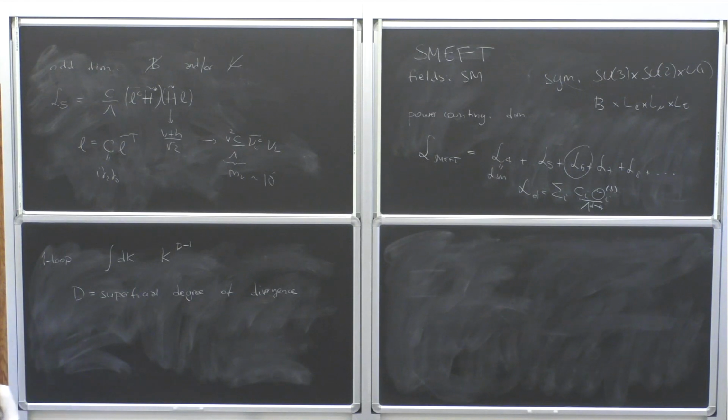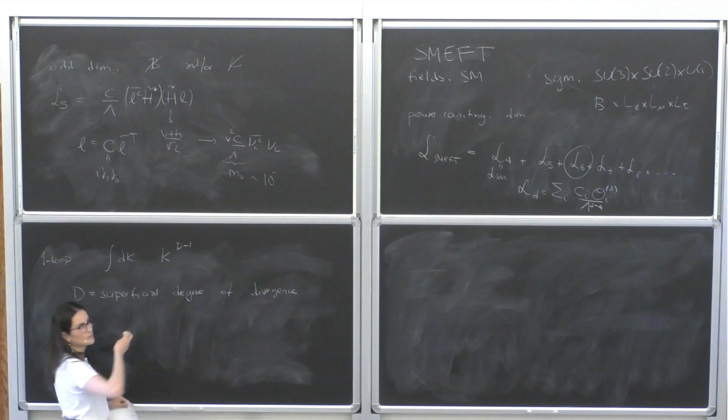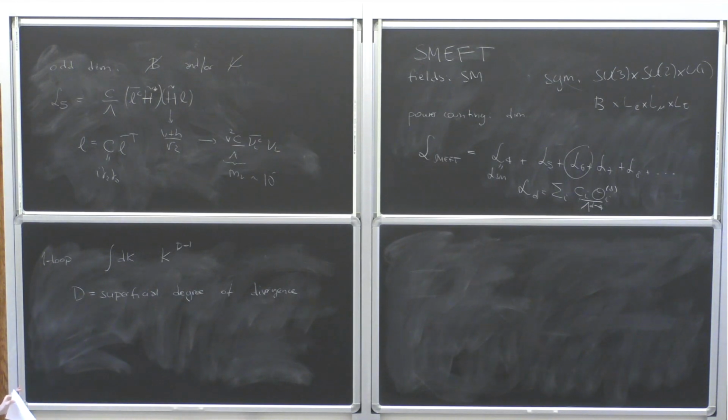So you take any theory, you calculate a one loop diagram, and in the loop you will have to do this integral. The momentum that runs in the loop will come with a specific power, and this depends on the diagram that you have. So the diagram can be divergent, convergent, or so on.